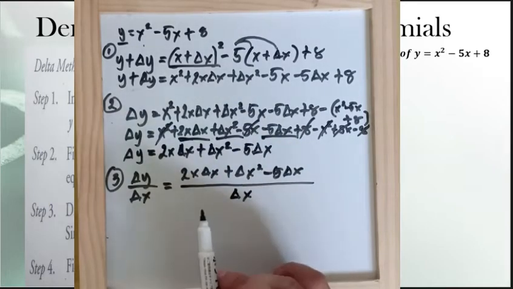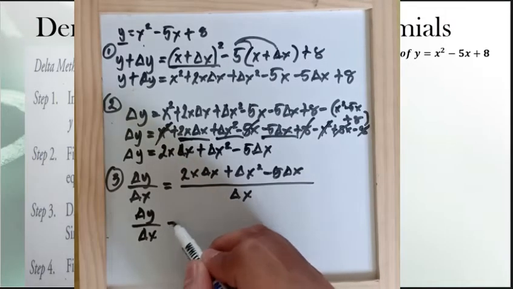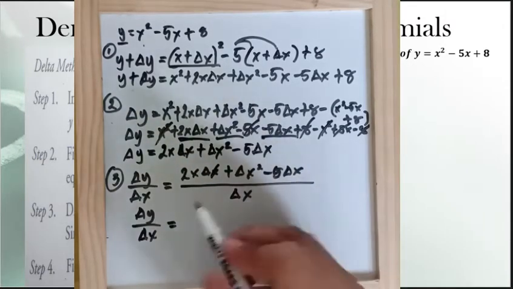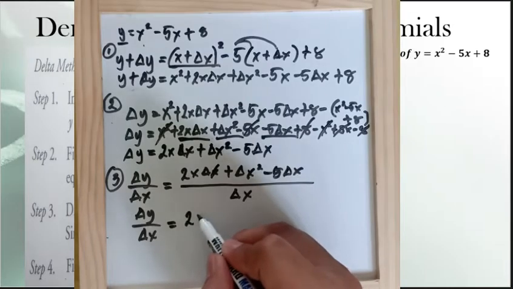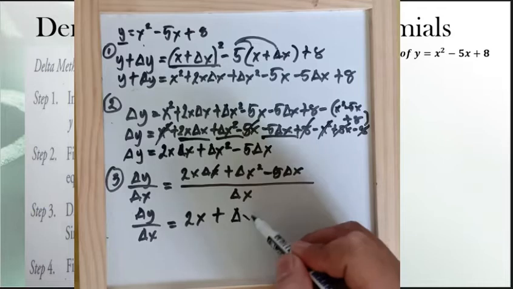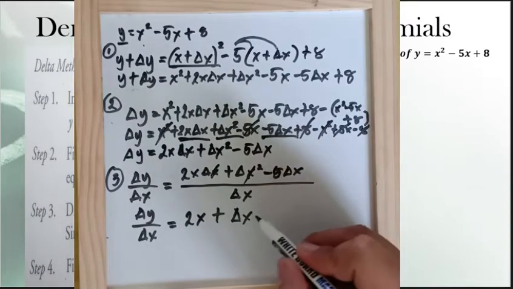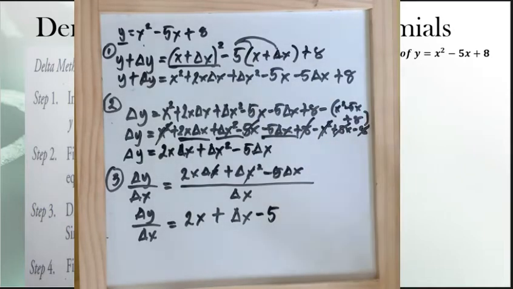Then let's simplify. So delta y over delta x is equal to, cancel, we have 2x, cancel again, so we have delta x, and we need to cancel that delta x also there. We have negative 5. So step number 3 done.